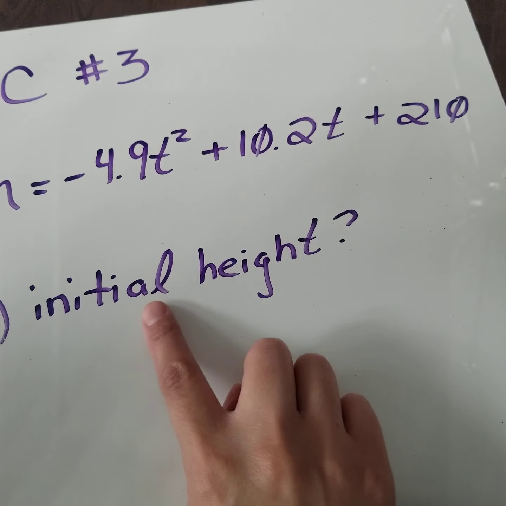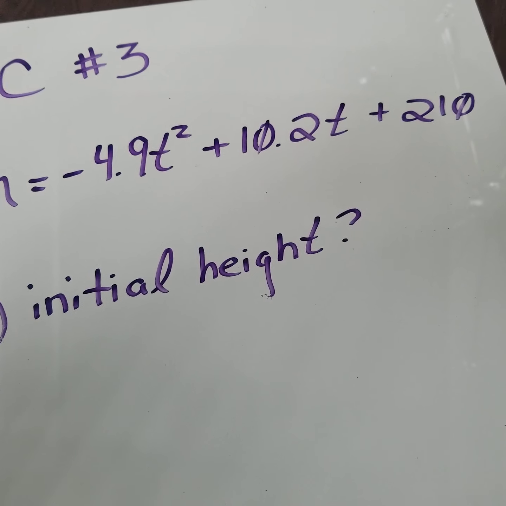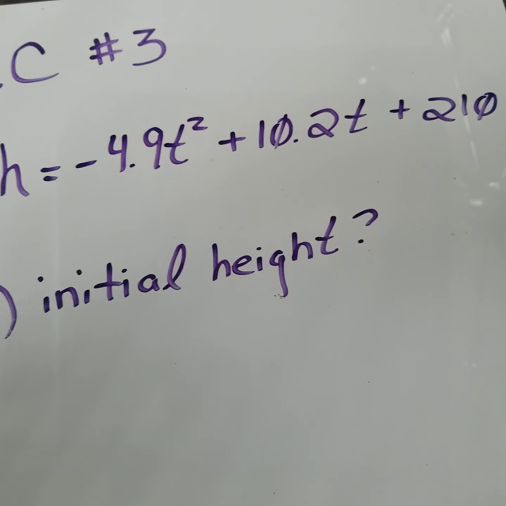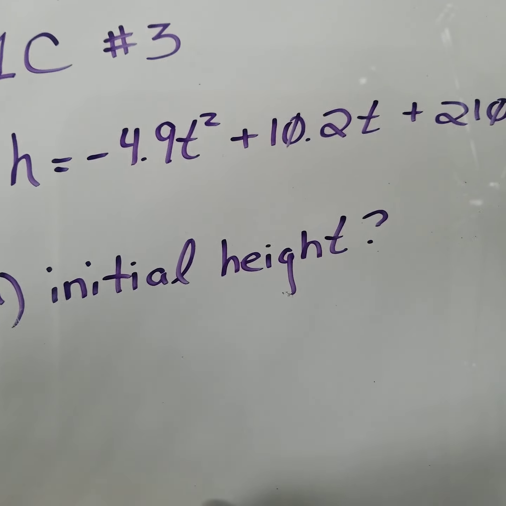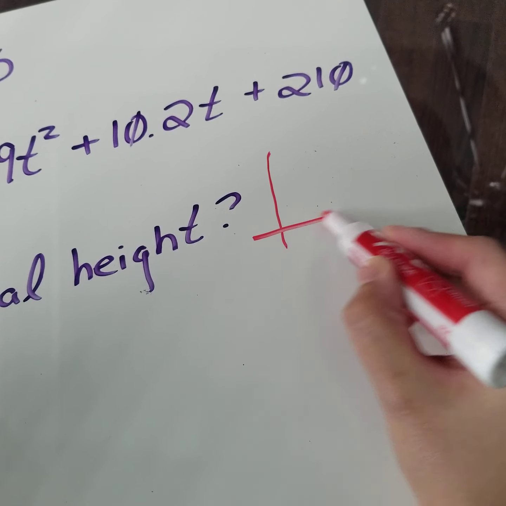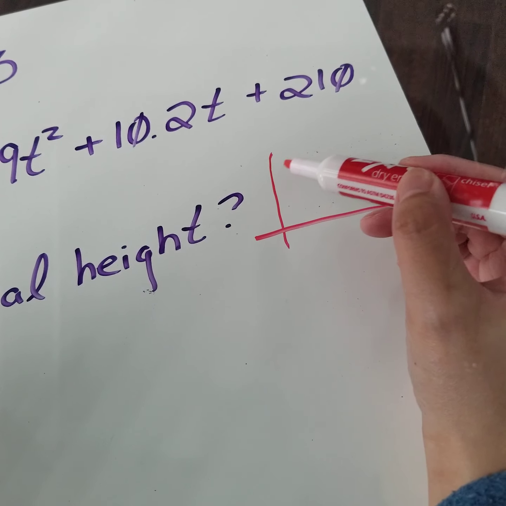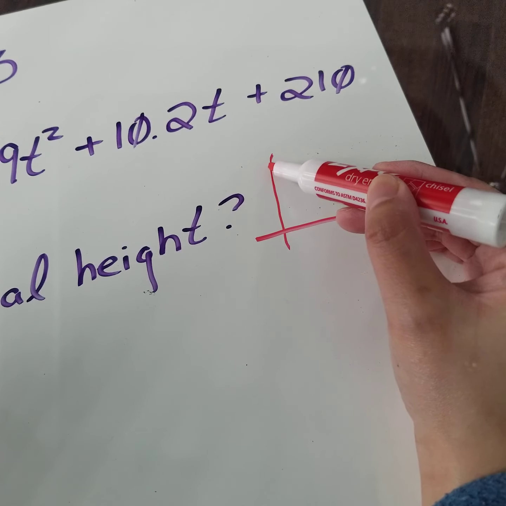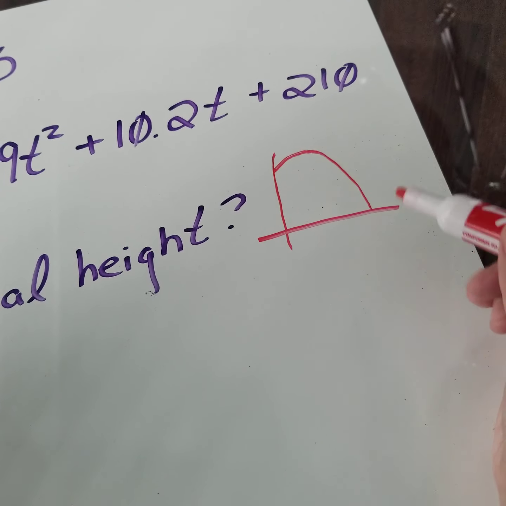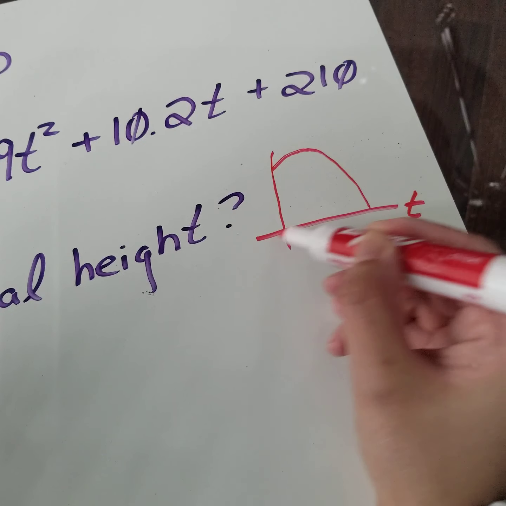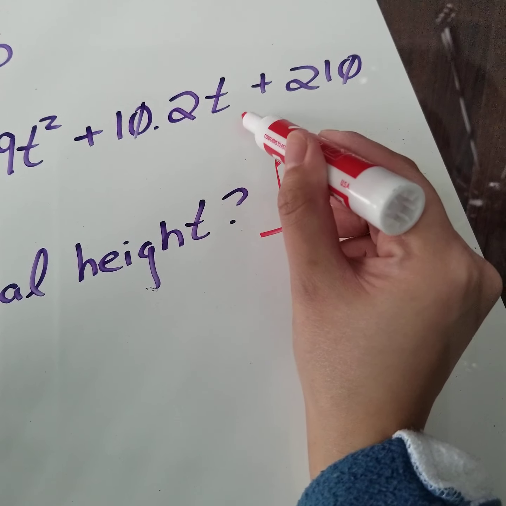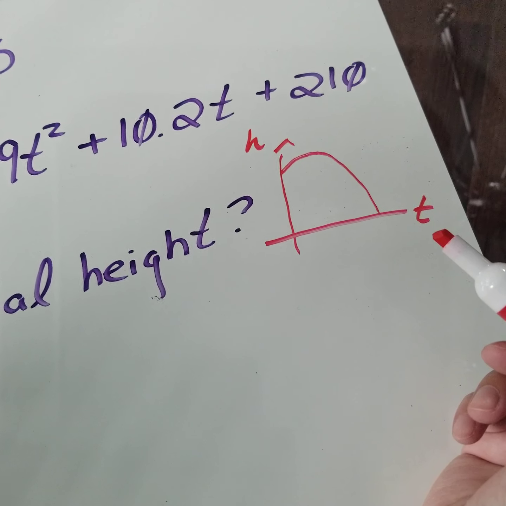So if they want the initial height, when I look at a parabola that's opening down and she's throwing the rock off of a cliff, it makes sense that in my picture, she's starting at a height somewhere here, and then she's gonna throw the rock. So maybe she does it like this, and then the rock is going to land somewhere like that. So this is your time or x-axis, and this is your height, and this is your y-axis.